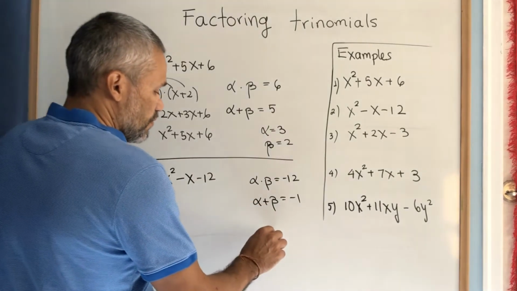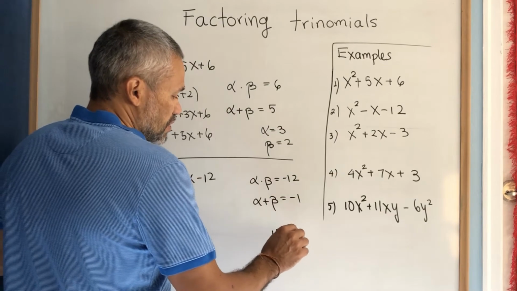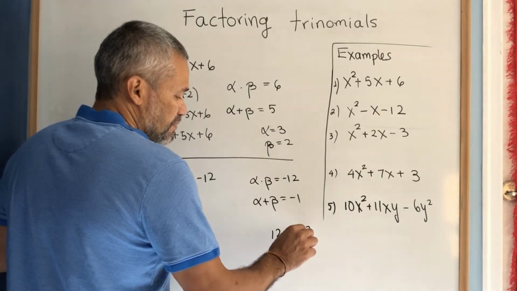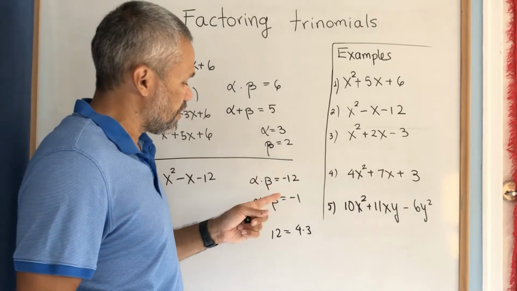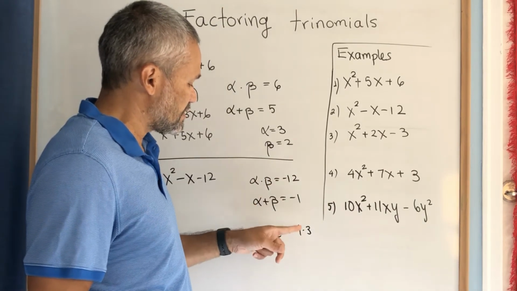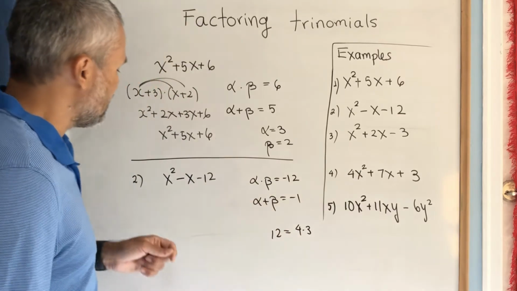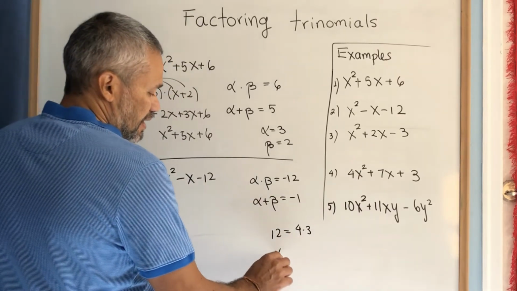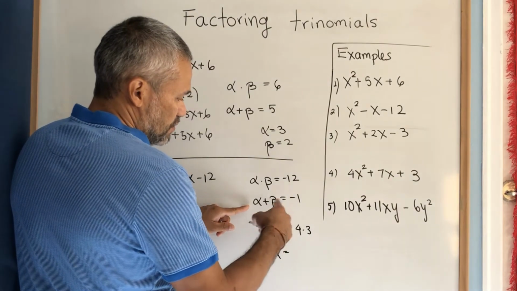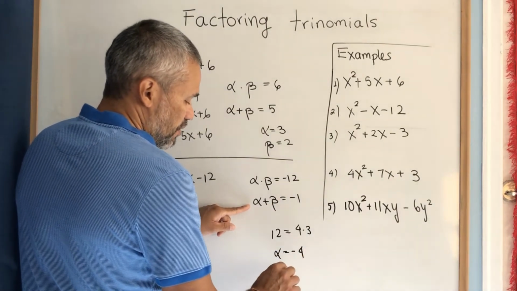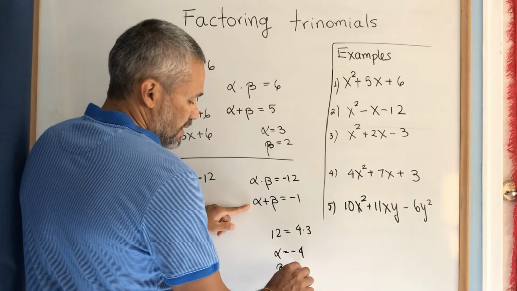When you try to write 12 as products, I think 4 times 3 has the properties that the product is 12 and the difference is negative 1. Then we can take alpha equal to negative 4, and beta equal to 3.